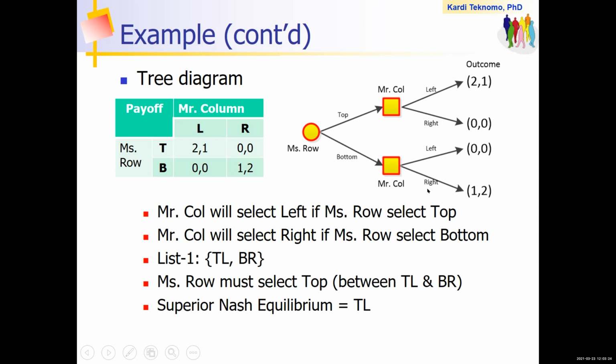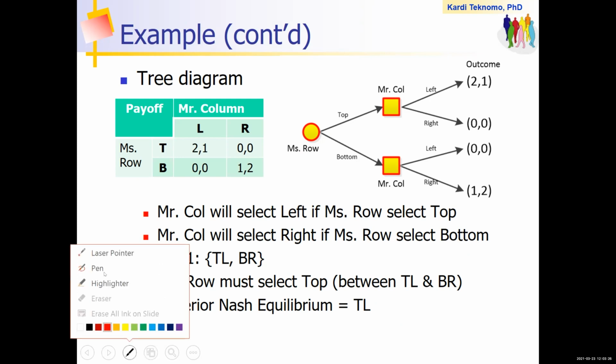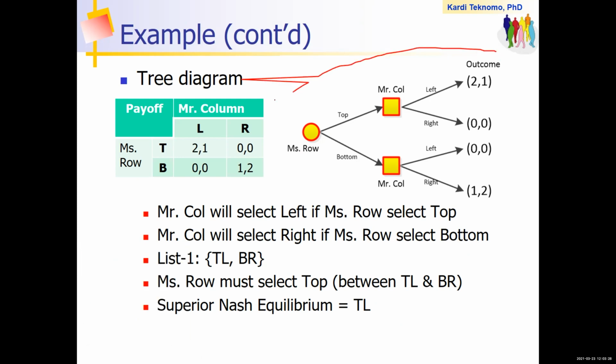So this tree diagram comes from this matrix. This is the same, correct? Now, using this tree diagram, you can start to think. Mr. Column will select left if Miss Row selects top, isn't it?